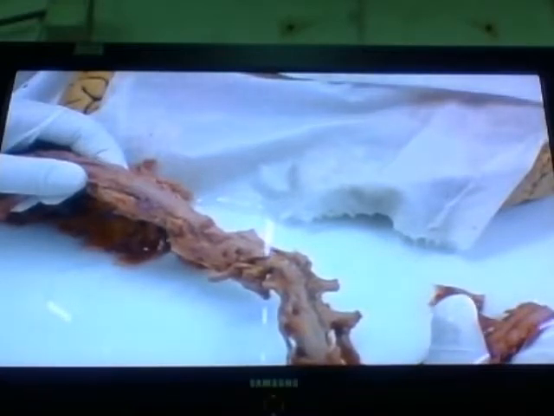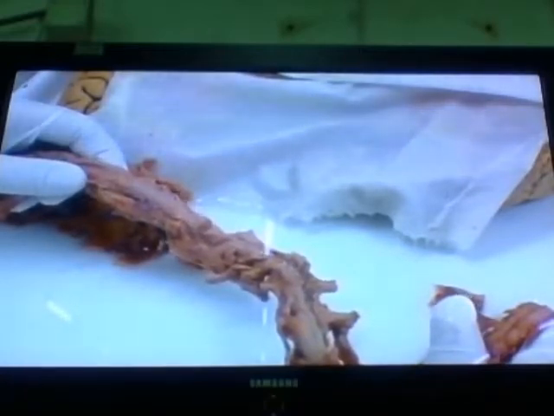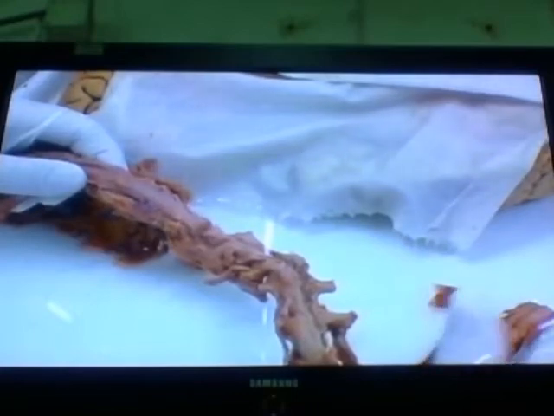The lumbar cistern. Not cisterna magna. Cisterna magna is the largest intracranial one. The lumbar cistern. Alright, so outside here that's dura mater.